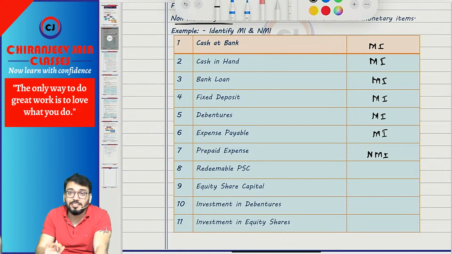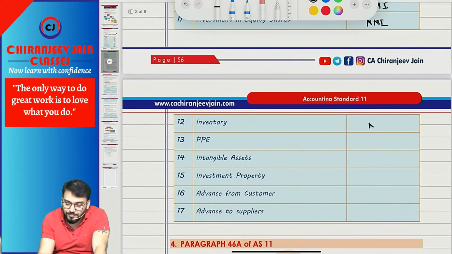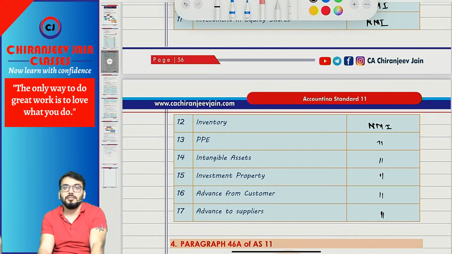Because it is an asset but realizable in the form of goods or services. Redeemable preference share capital: MI. Equity share capital: NMI. Investment in debentures: MI. Investment in equity shares: NMI. Inventory: NMI. PPE, intangible asset, investment property, advance from customer, advance to supplier.